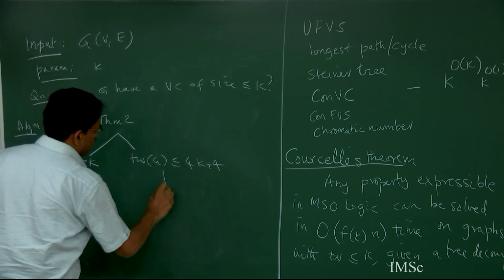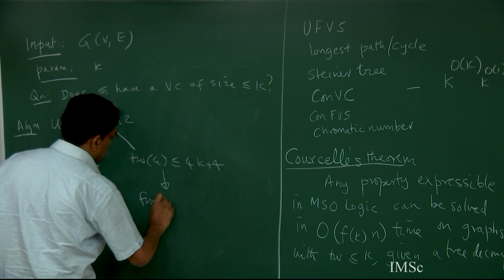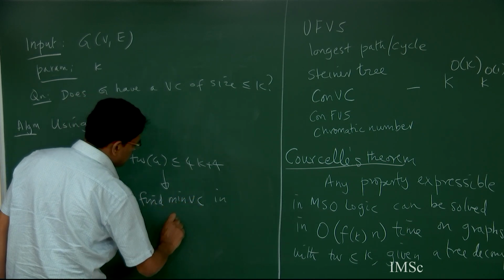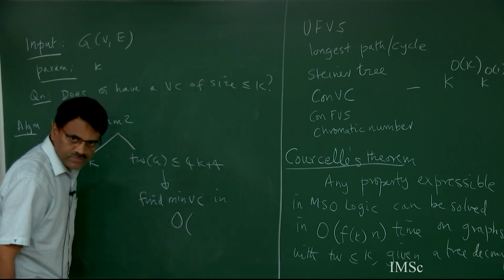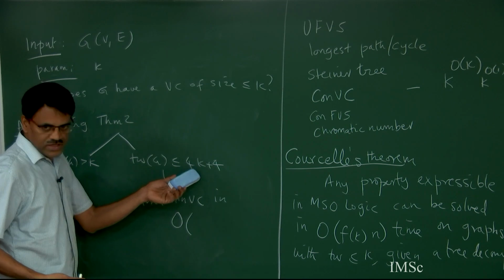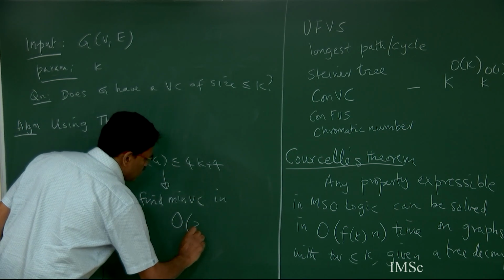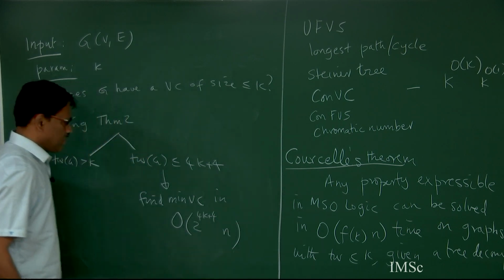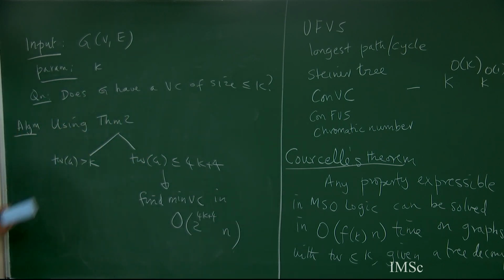So find minimum vertex cover in that graph. How much time will I spend? 2 to the 4k plus 4, right? This is yesterday's algorithm. I only promise you an FPT algorithm. Okay. In this case, it's a no instance.